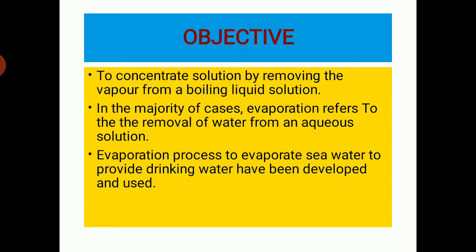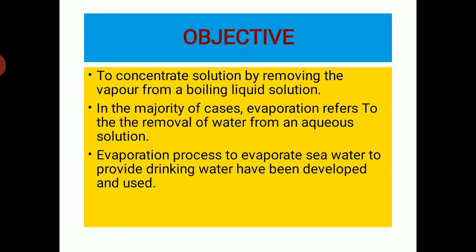Steam is normally used as a source of heat, and evaporation is a surface phenomenon, that is, the mass transfer takes place from the surface. Thus, no boiling occurs. In practice, surface evaporation is slow.